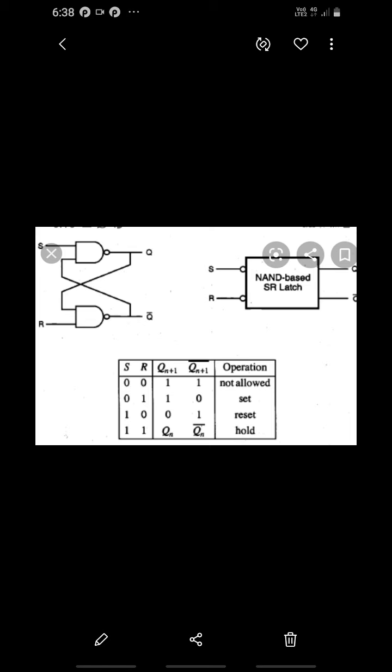And then next applying next input 0 1. So here it is 1 and 0, 0 1 is 1.